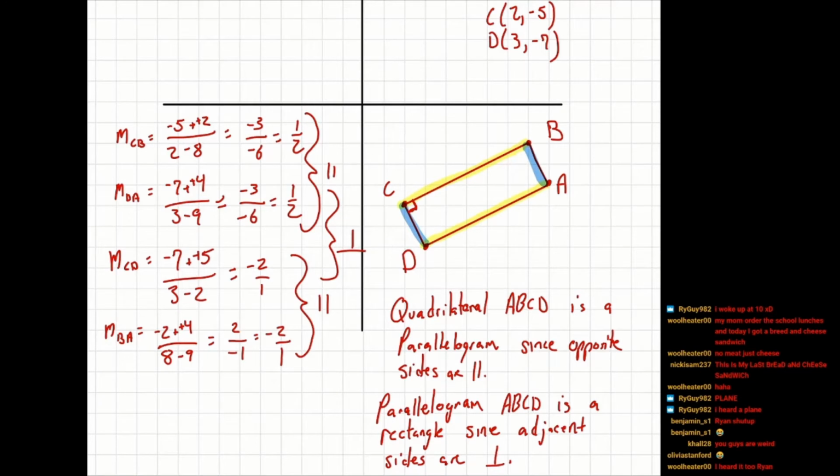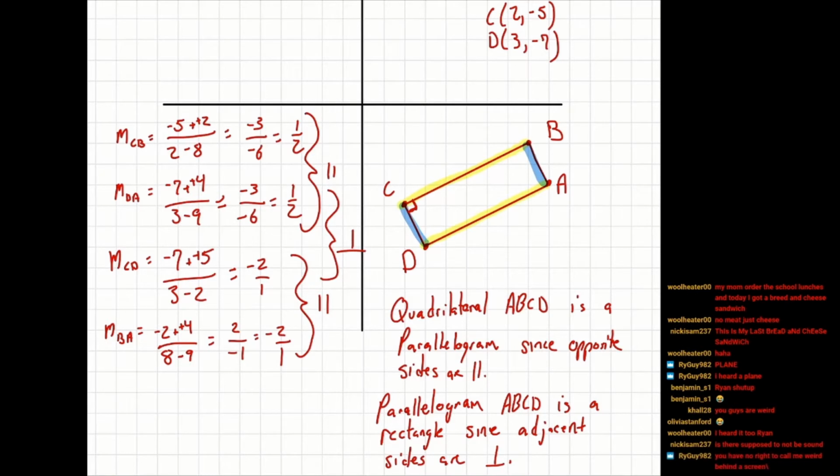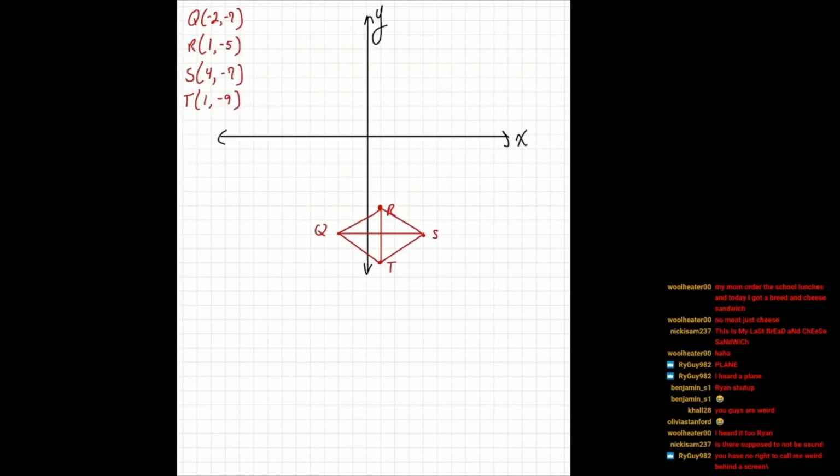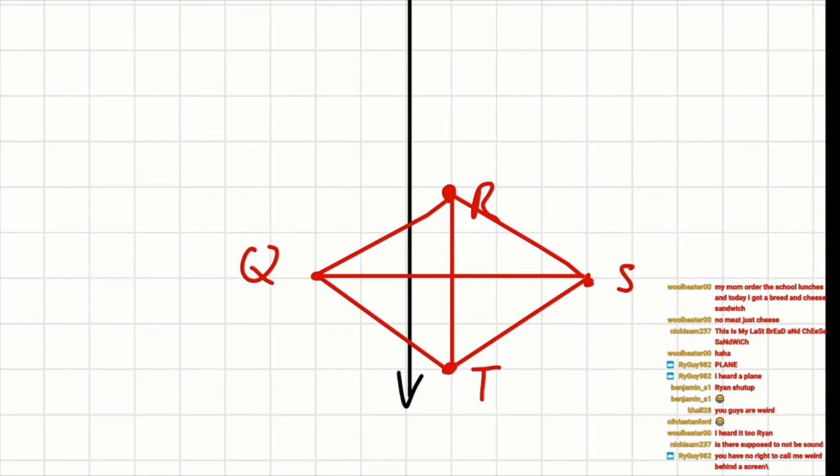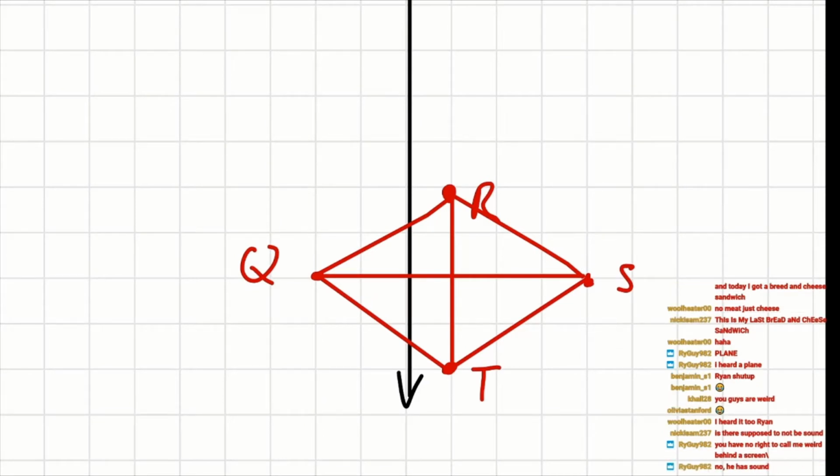We proved that the sides had right angles, which was good enough to show that it was a rectangle. Since we did not use distance, we didn't use that the diagonals were congruent because we didn't need it.